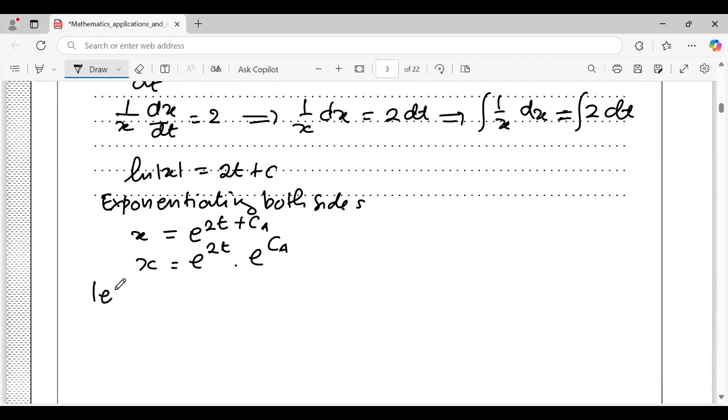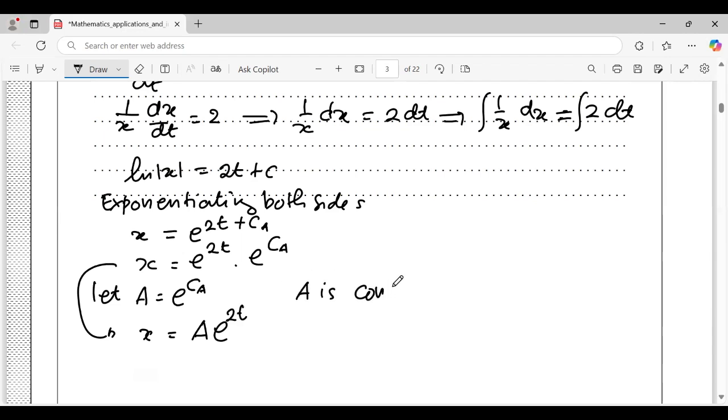Next, let a equal e to the power c_a. So this equation becomes x equals a multiplied by e to the power 2t, where a is a constant.